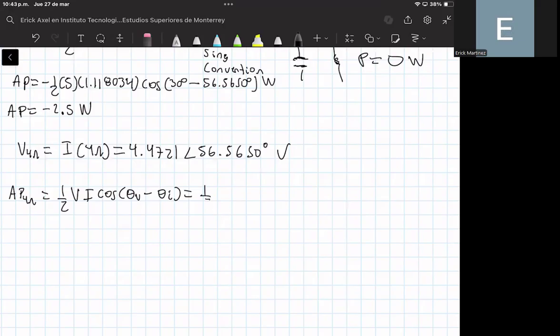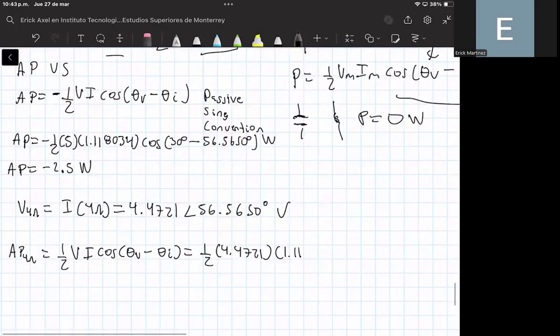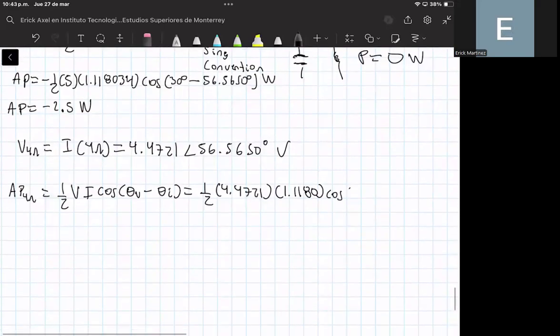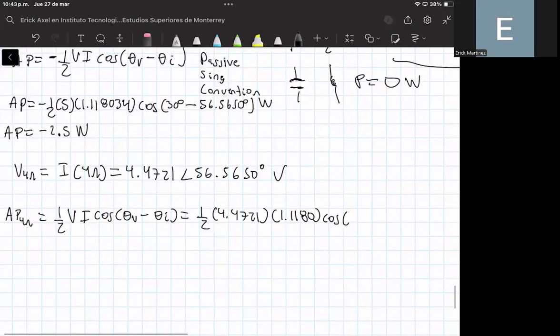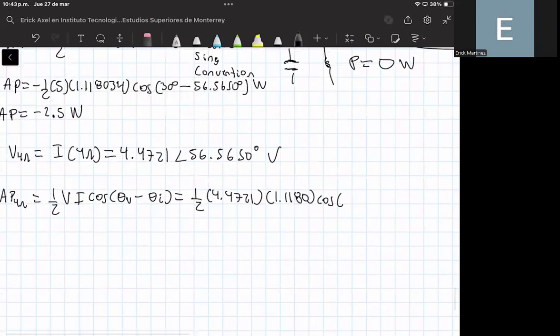This is equal to 1 over 2 times 4.4721, the amplitude of the voltage of the 4 ohm resistor, times the amplitude of the current, that is 1.1180, times the cosine of 56.56 minus 56.56.